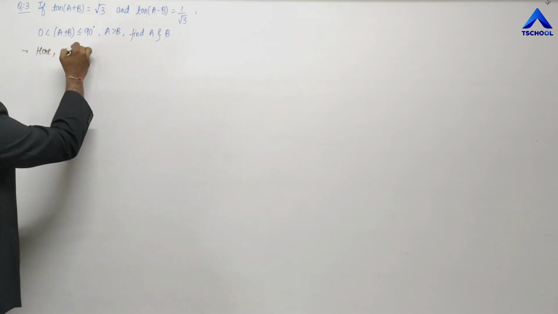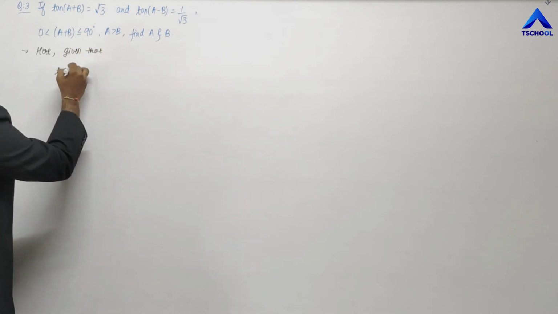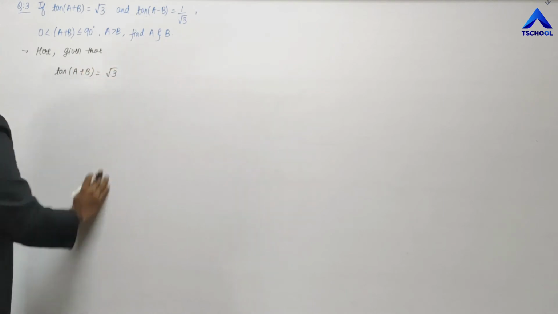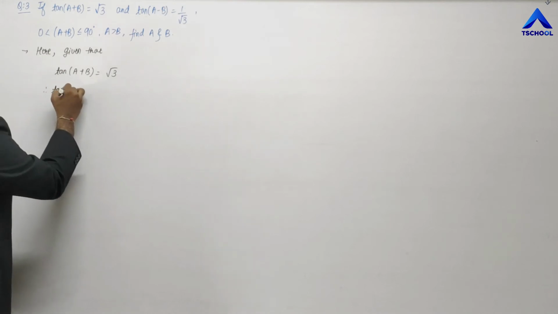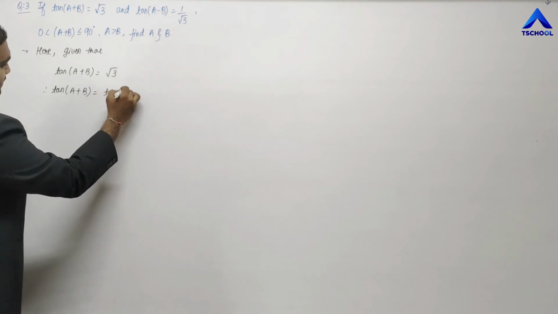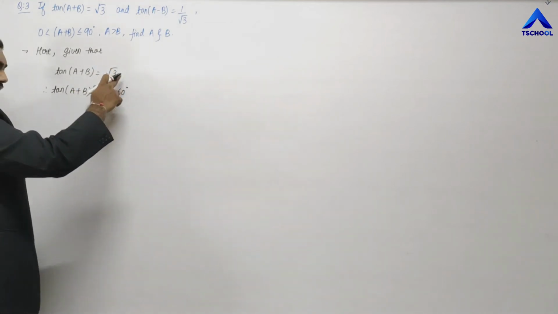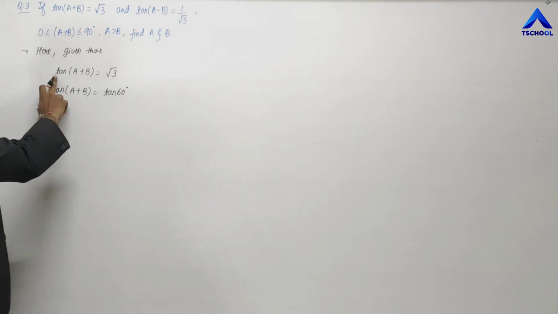Here, given that tan(A plus B) is equal to root 3. Therefore, tan(A plus B) is equal to tan 60 degrees. Because the value of root 3 from the trigonometric table is tan 60, and we require only the function with tan here.